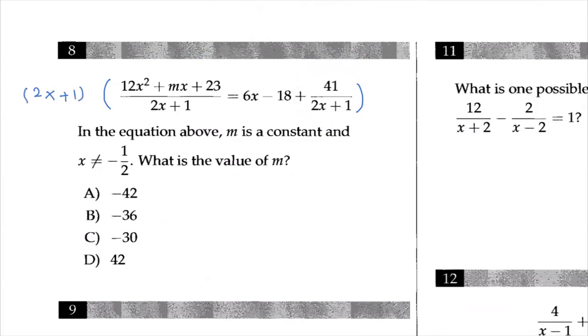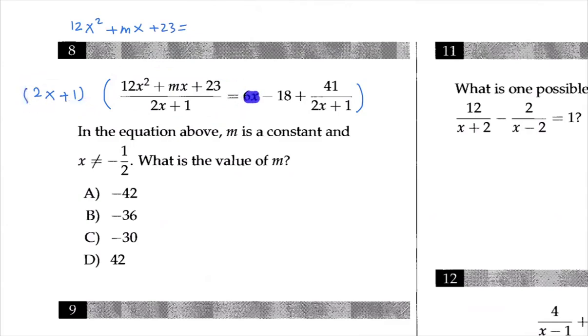If you multiply 2x plus 1 by this term, 2x plus 1 will cancel 2x plus 1, and I'm going to get 12x squared plus mx plus 23. Let's multiply 6x by 2x plus 1.